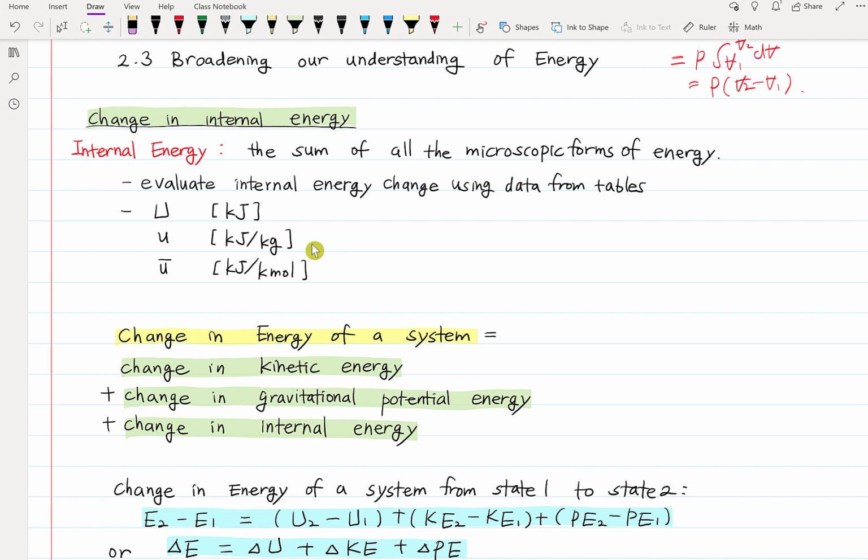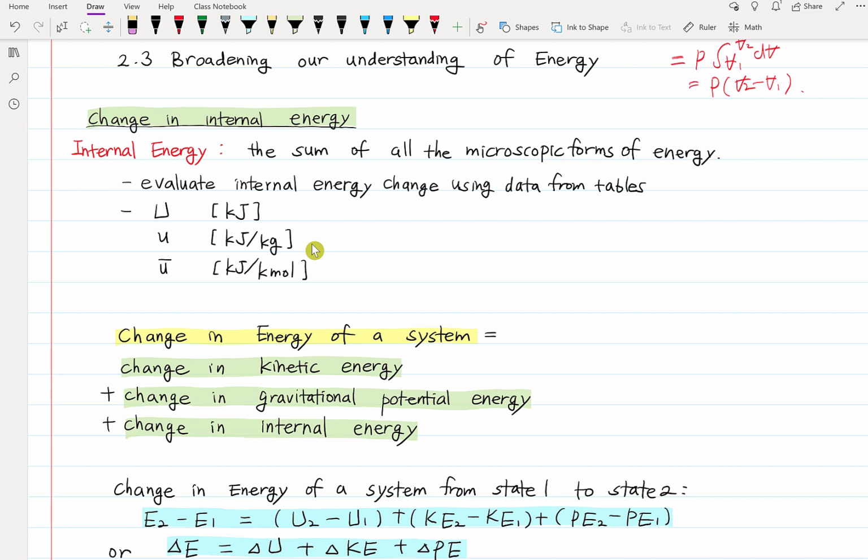Go to the end of the textbook, you will find thermodynamic tables of different materials with various properties, including the internal energy. So just like the velocity and height of a system, the internal energy also needs the reference point or datum to quantify the value.